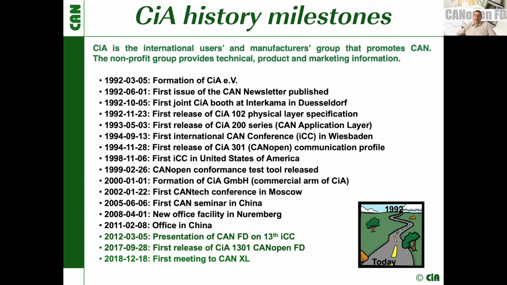On the other hand, we go to several fairs, exhibitions, conferences, organize them also by ourselves, and try to inform people about latest movements, developments in CAN-based networking and latest trends, so that you're up to date.